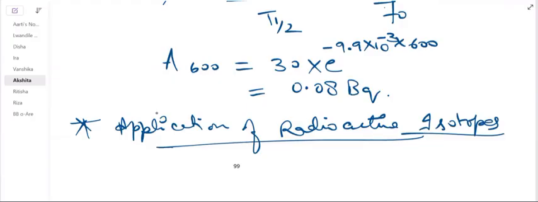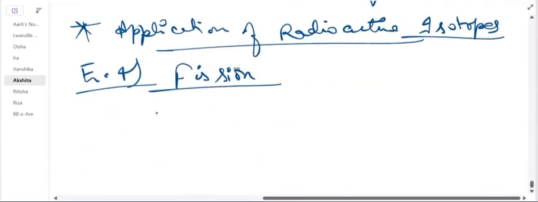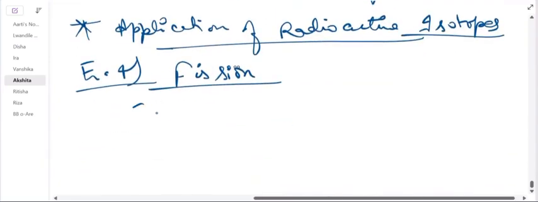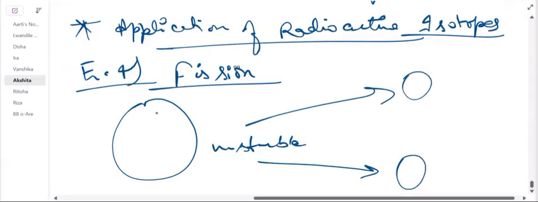Done. Now after this, we are having our next chapter, and that is fission reaction. Let's have a look at this chapter now. In a fission reaction, obviously a larger nucleus which is unstable in nature will undergo the process of fission, and the daughter nuclei are released. Understood? This is called a nuclear fission reaction.